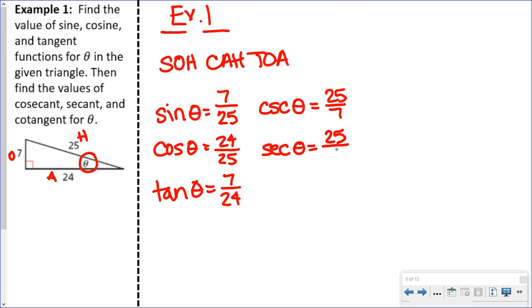So that'll be 25 over 24. And cotangent is the reciprocal of tangent. So that would be 24 over 7. Okay. So these last three are easy to find once you find your sine, cosine, and tangent.